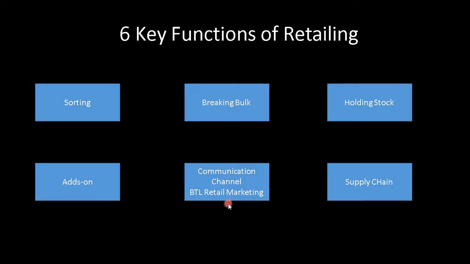With all below-the-line retail marketing executions, you can reach your end users and you can increase your sales at the shop level. Some of your retailers have a very strong supply chain infrastructure. Accessing their supply chain will allow you to be visible in thousands of stores, which can definitely help you increase your sales at the national level.